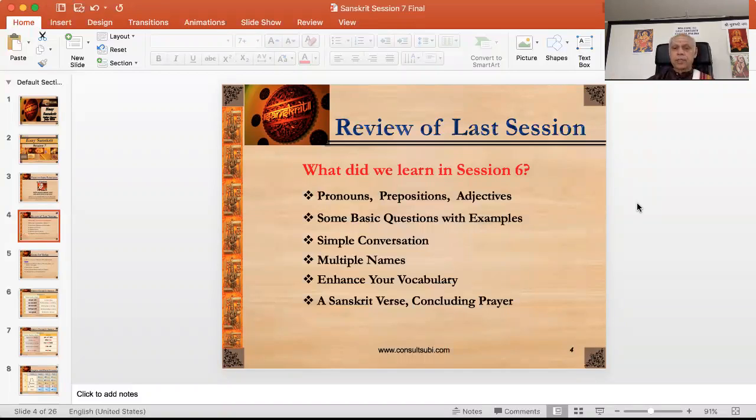And we did enhance your vocabulary with more words. And as usual, we had a Sanskrit verse and a concluding prayer.